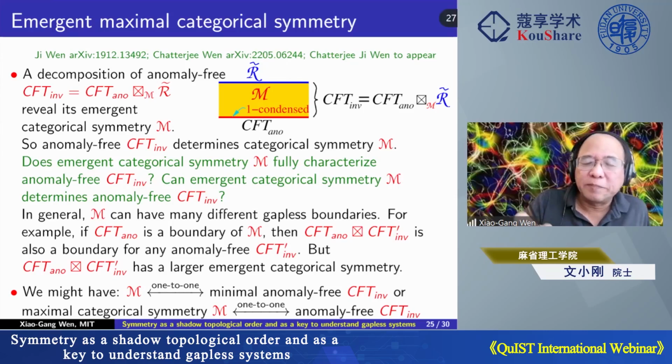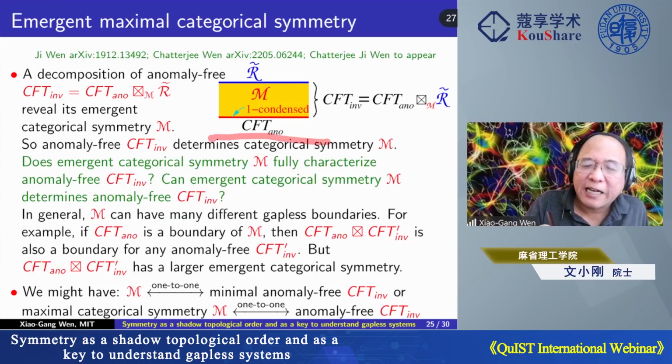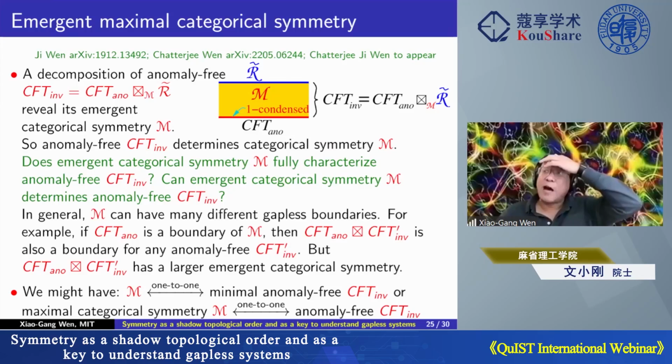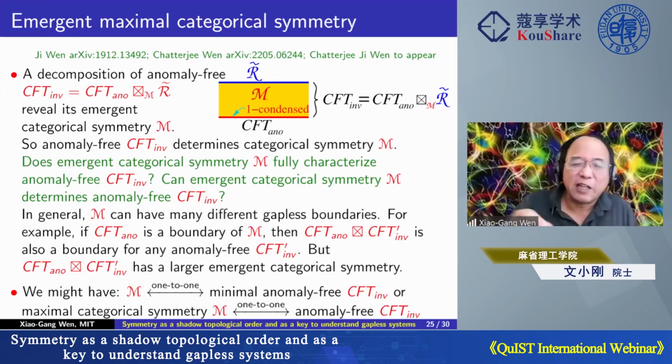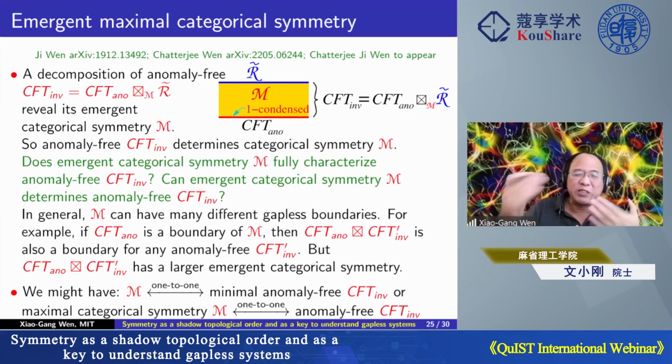Really, because given a bulk topological order, we can have many different gapless boundaries. For example, we can just stack another anomaly-free CFT onto this boundary and obtain another boundary of the same topological order. Therefore, it seems far from true that the topological order can determine the boundary CFT. There is too much redundancy, too much ambiguity, too much freedom here.